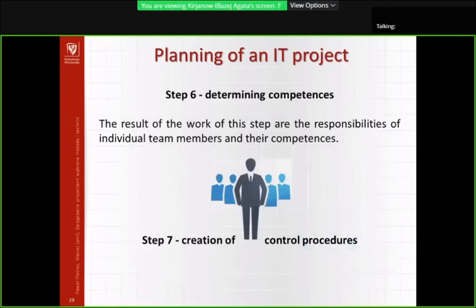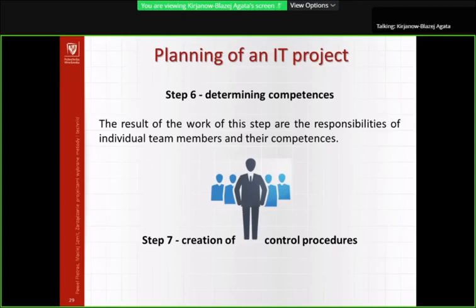And next step, determine competences. The result of the work of these steps are the responsibilities of individual team members and their competences. And the last step, creation of control procedures.